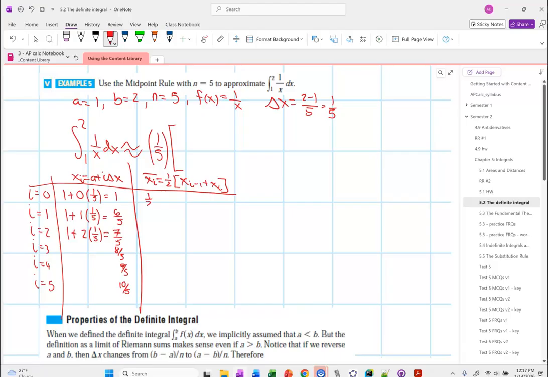So here I'm going to have 1/2. If i is 1, then i minus 1 is 0, so I need x0, which is 1, and then x1, which is 6/5. So that's 11/5 times 1/2, so 11/10. Everybody okay?